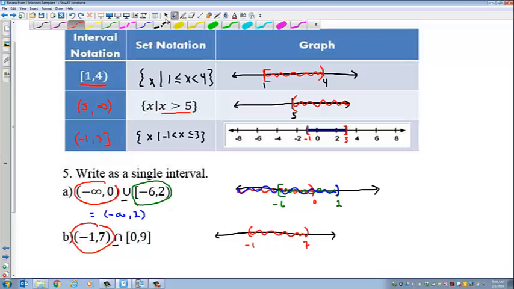And then the interval from 0 to 9 we'll do in green. And we're going to include 0, and we're going to include 9. So here's 0. It's somewhere between -1 and 7, so there's 0. And then 9 is to the right of 7. And we'll shade in the region in between. And then what we want to look at is not the union, not the joining of the two, but the overlap. So where do you have two colors?